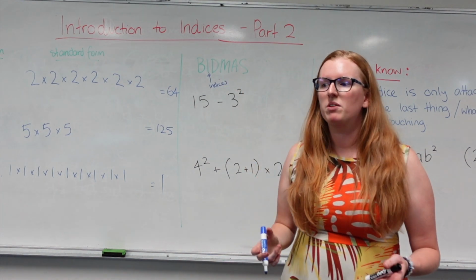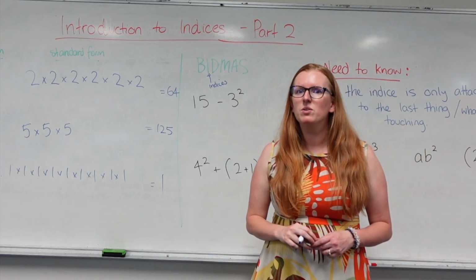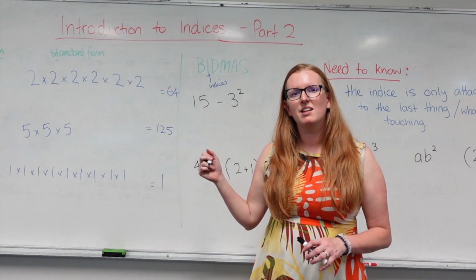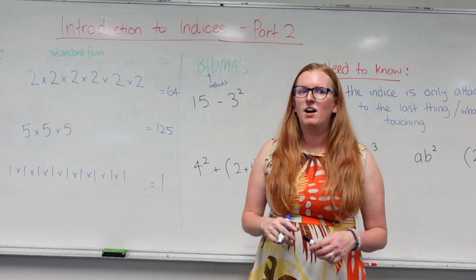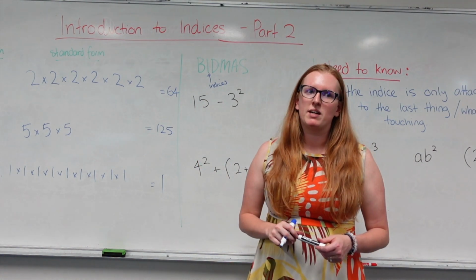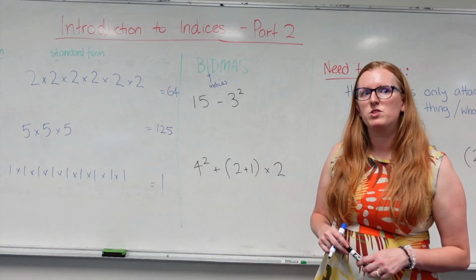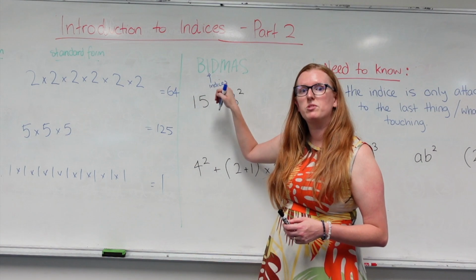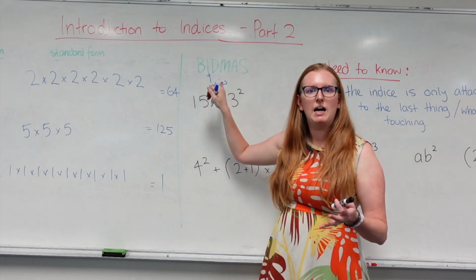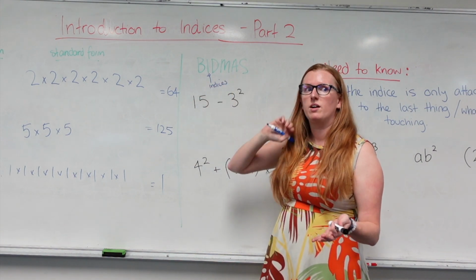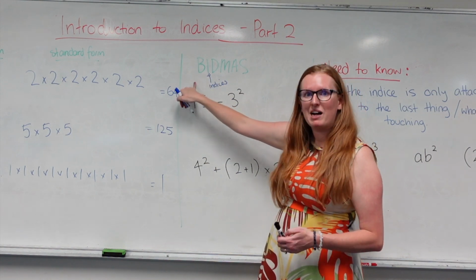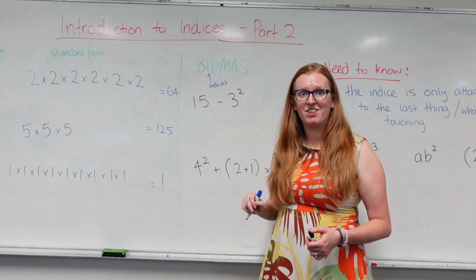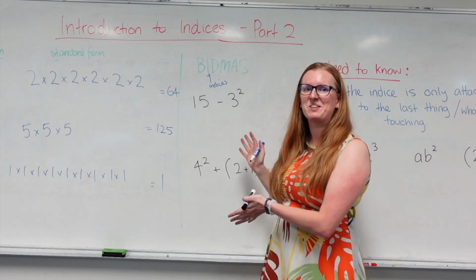Now when people use BODMAS, apparently the O in BODMAS stands for order, which is supposed to mean like indices. I don't get it. I like BIDMAS personally, but you use whatever floats your boat. Just remember that the thing that comes directly after the B is supposed to be your indices or exponents or powers or whatever it is you like to call them, okay? So first is brackets, then comes indices, all right? So that's the second most important thing when you're looking at an equation or whatever.